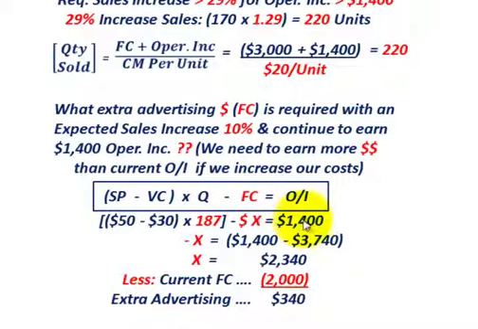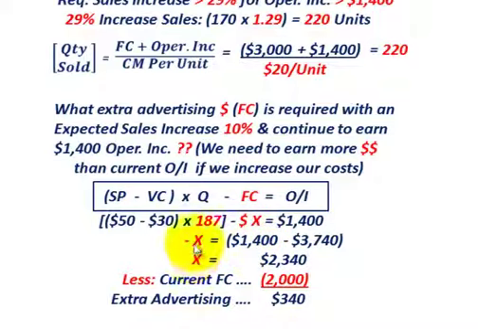Let's just say it's that $1,400. So negative X, fixed cost, is going to equal the $1,400 in operating income minus whatever we had. What was the difference? We had a positive amount on this side of the equation with our contribution margin times our quantity. That was $3,740, but move it over to this side of the equation, and we're going to be subtracting that from our operating income.